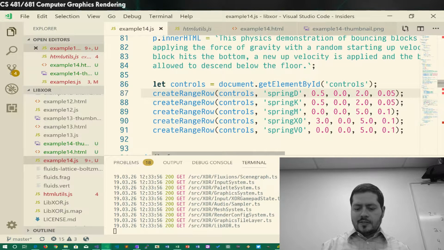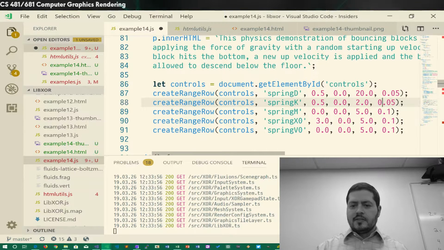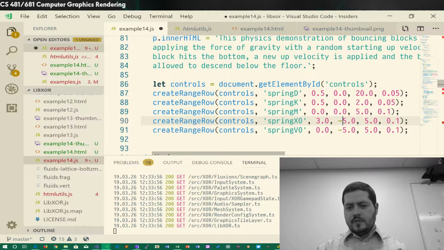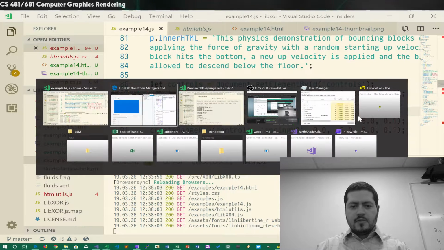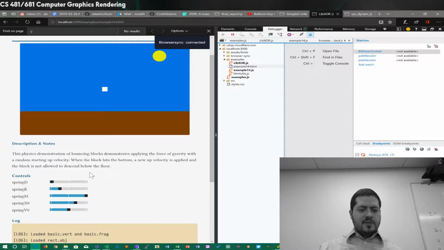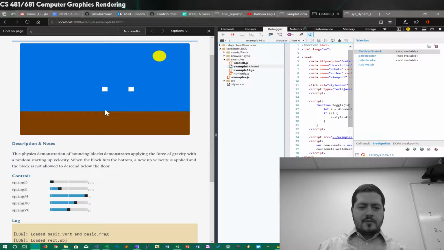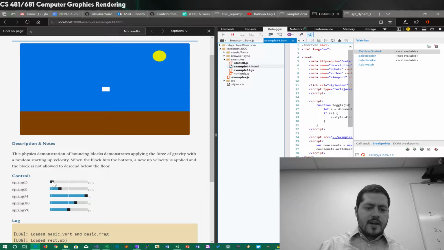So let's allow it. Let's set our defaults for the springs and the mass. We have a 5 kilogram mass. Okay, let's see what happens now that we can essentially set a really high factor for the damping.